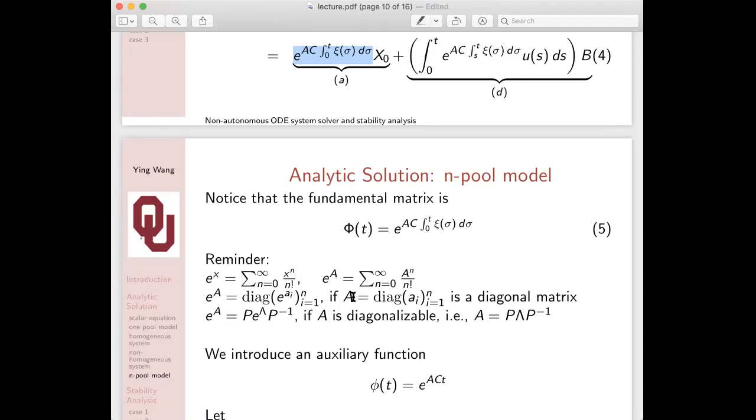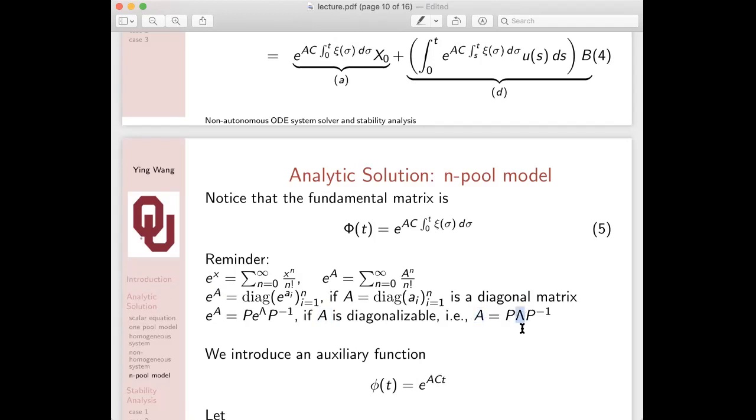For example, if the matrix A is a diagonal matrix, meaning only the diagonal entries are non-zero and all the other entries are zero, then e to the power of A is also a diagonal matrix with the diagonal entries exponentiated. Another special case is when A is not a diagonal matrix but is diagonalizable. What that means is you can find an invertible matrix P, which usually is the eigenvector matrix of matrix A, and A can be written as P times lambda times P inverse.